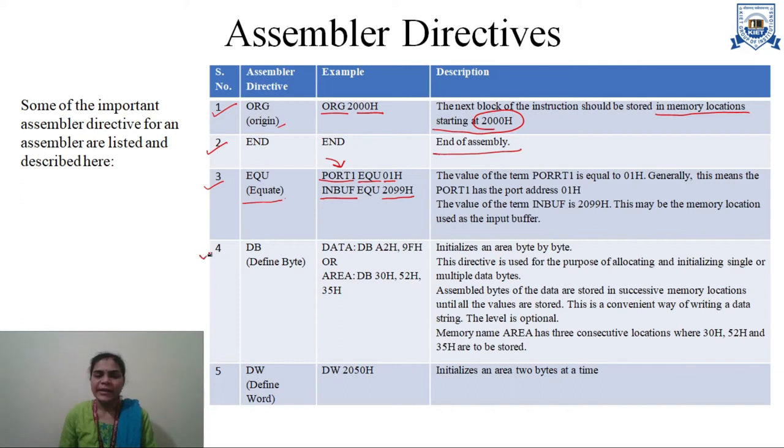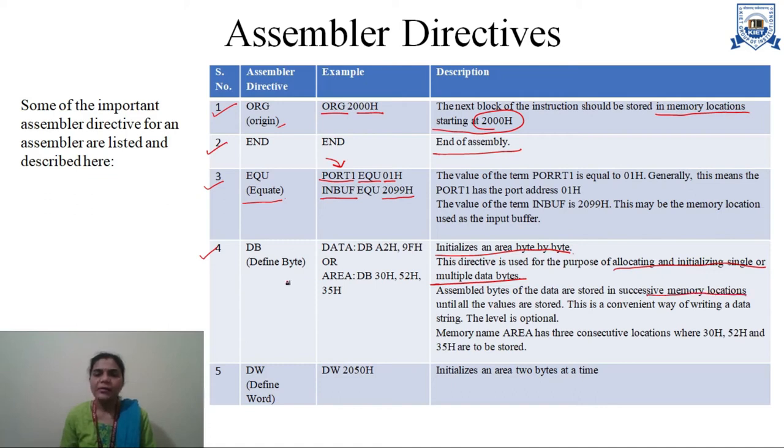Next assembler directive is DB, define byte. Through this assembler directive, we can assign a byte, or initialize an area byte by byte. We can provide a single byte or a set of bytes. This directive is used for allocating and initializing single or multiple data bytes. Assembled bytes of data are stored in successive memory locations.